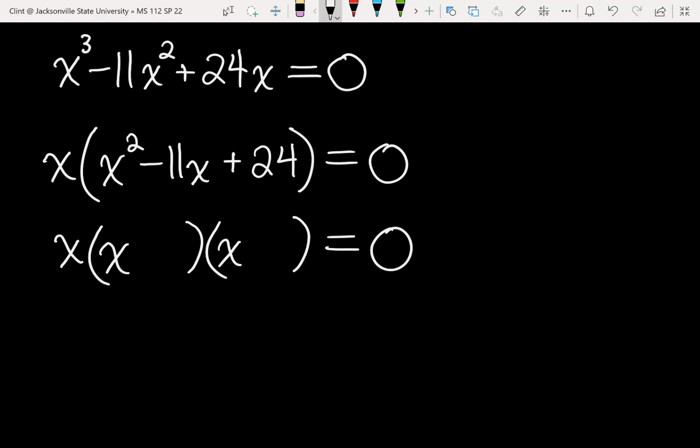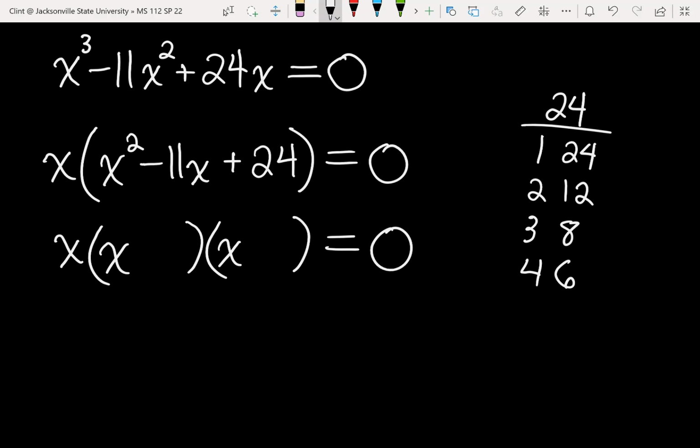We have a lot of choices with 24: 1 and 24, 2 and 12, 4 and 6, no, 3 and 8, 4 and 6. Yeah, 3 and 8, because we can make them both negative.